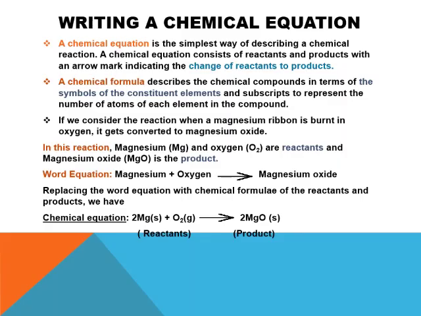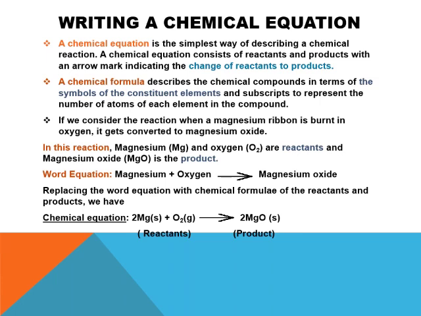After that, now we will learn about how to write a chemical reaction. I told you earlier also that a chemical equation is the simplest way of describing a chemical reaction.